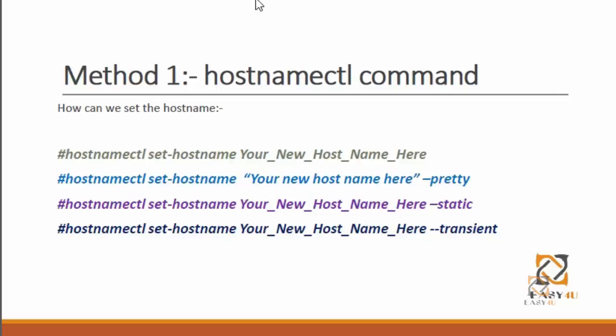If you want to set transient hostname or dynamic hostname, then you need to execute this command: hostnamectl set-hostname, then type the hostname you want to set for your Linux machine, and in this hostname you can't use white space. Then space, then the double hyphen transient option.